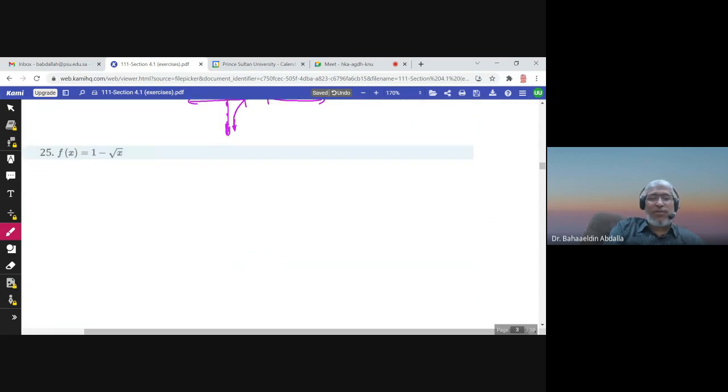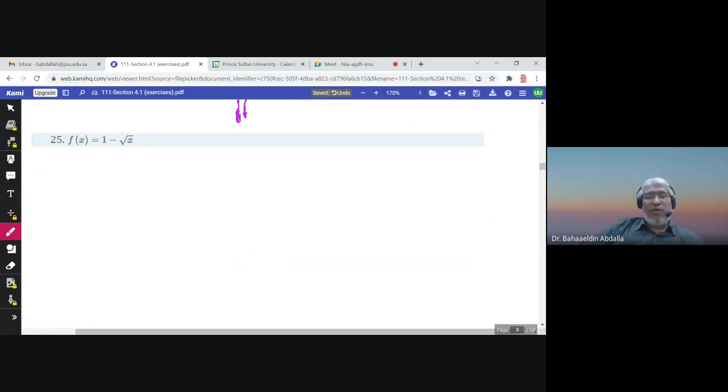Now, how to graph 1 minus square root of x? Well, using transformations, let us start by graphing y equals square root of x. And now the minus sign, y equals negative square root of x. This means reflection about the x-axis, because we multiplied y by negative. So this would be the graph of y equals negative square root of x.